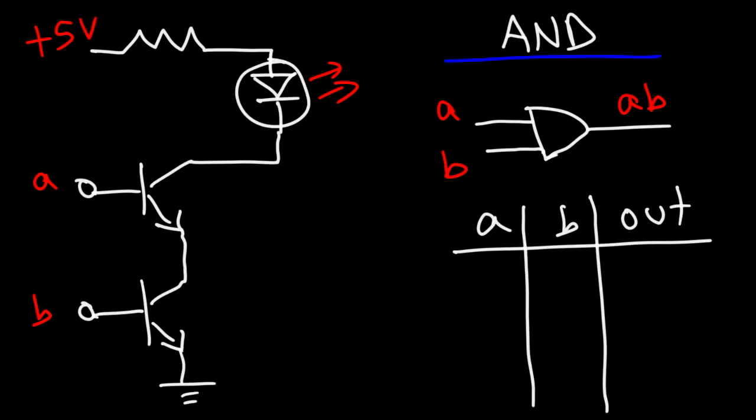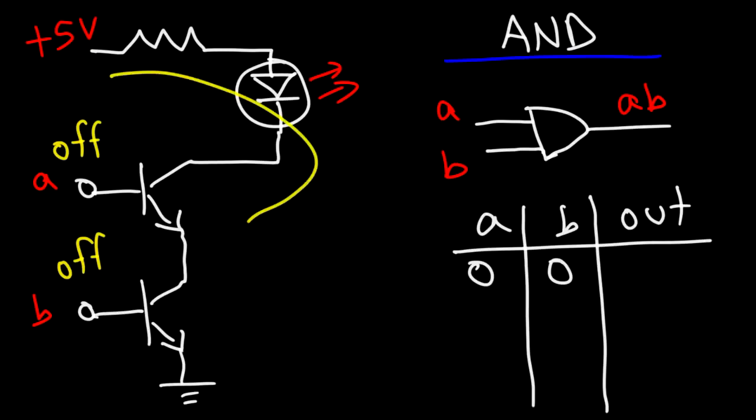So what happens if input A and B are in an off state? Will the LED be on or off? In this case, both transistors will be off. So no current can flow from the positive 5 voltage source to the ground. So therefore, the output will be a 0 because the LED is off.